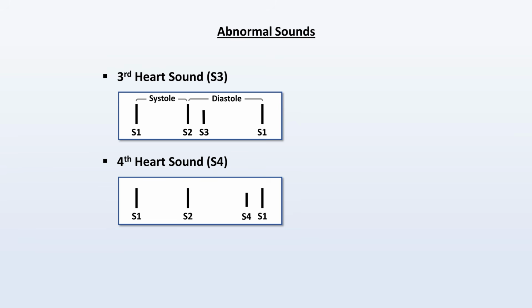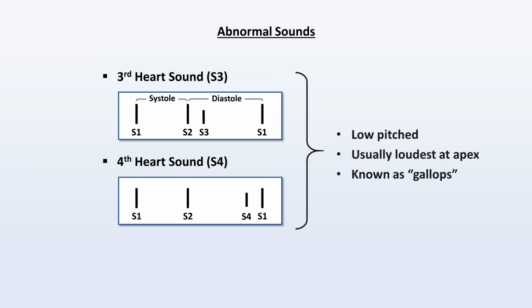S3 and S4 are distinct sounds in that they are both relatively low-pitched compared to S1 and S2. Together, S3 and S4 are also known as gallops.